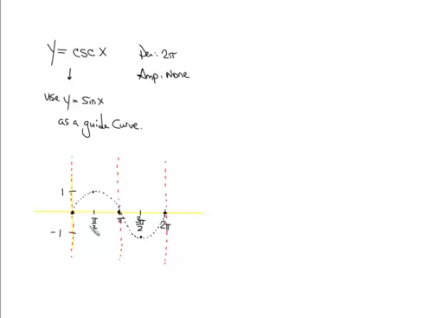Now we don't need to worry about 5 guide points. All we need to worry about for cosecant is we need to start right at the maximum, wherever that is, and we need to open upward towards our asymptotes without touching them. Likewise, we're going to start at the minimum, and we're going to go downward. And so this ends up being 1 period of our cosecant curve. So again, red is our final graph.